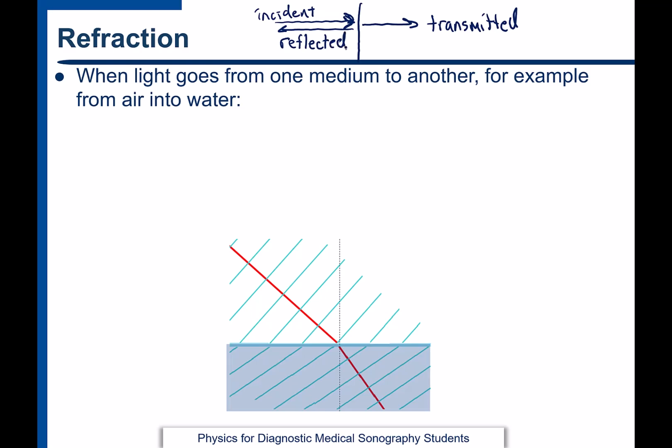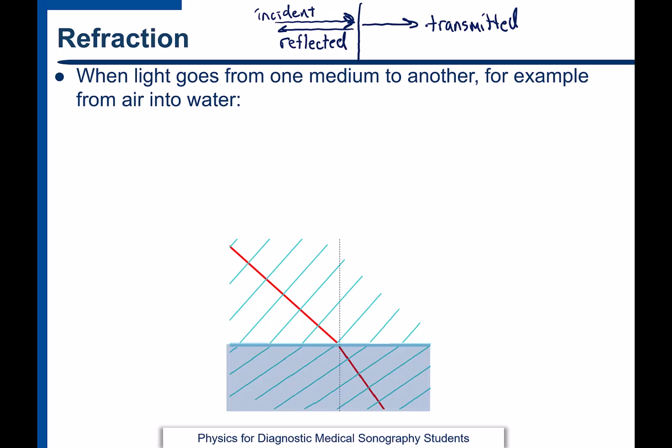And of course, that's very important to the whole concept of ultrasound, as we talked about in that video. You'll notice that when we talked about that, I always had the sound coming in perpendicular to the surface, in other words, along the normal. And in that case, the reflected sound comes straight back and the transmitted sound goes straight in.